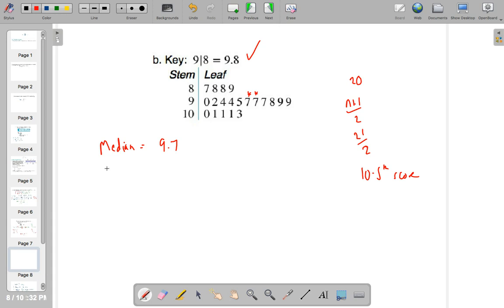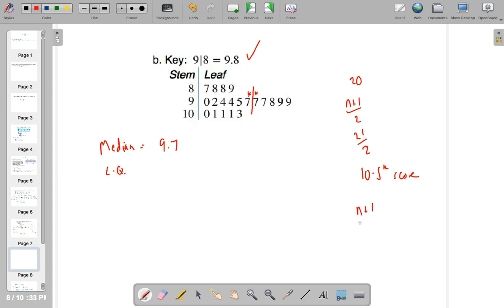Lower quartile. Okay, so I'm going to put a dividing line in there to divide my upper and lower half. My lower half and upper half will have the same number of things. 1, 2, 3, 4, 5, 6, 7, 8, 9, 10. So I've got 10 in my lower half.